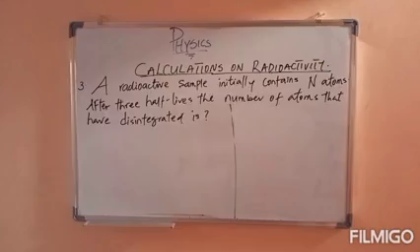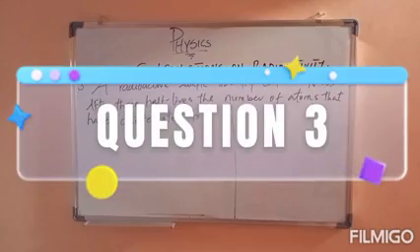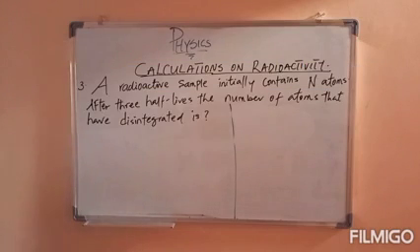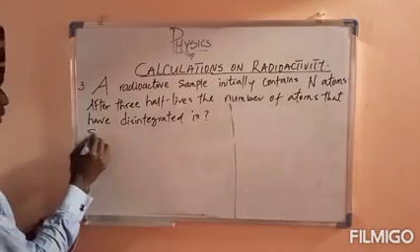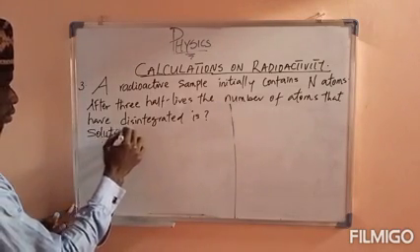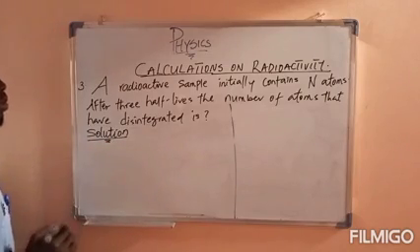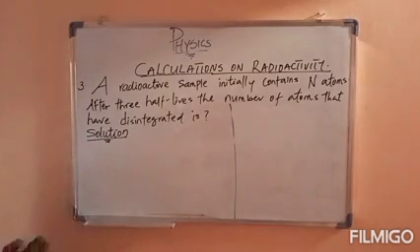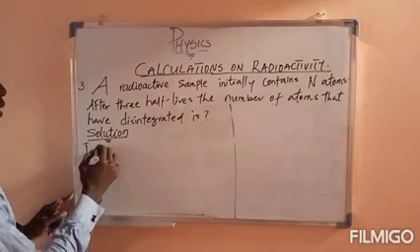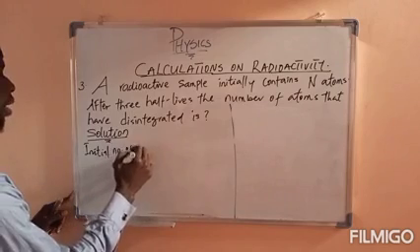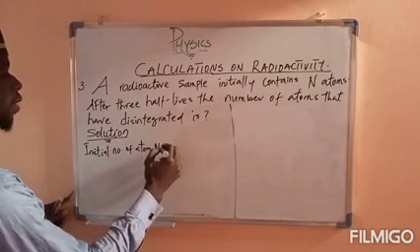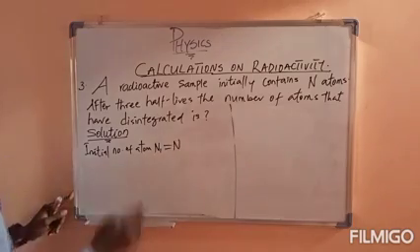Let's move to number 3. The question says a radioactive sample initially contains N atoms. After 3 half-lives, the number of atoms that have disintegrated is, as usual, bring out your data. So, initial number of atoms, that is N1, is given to be N, just like a value.